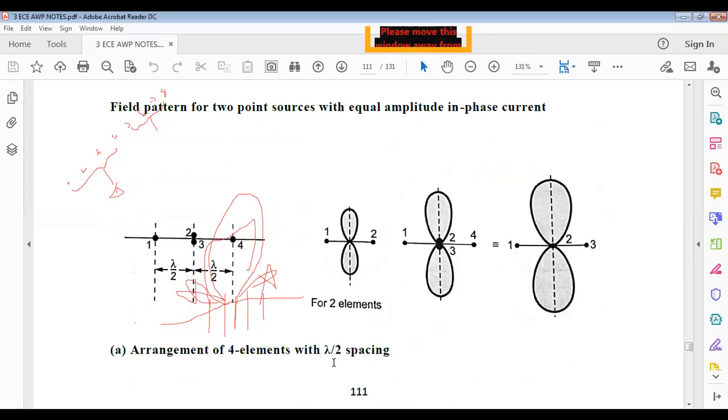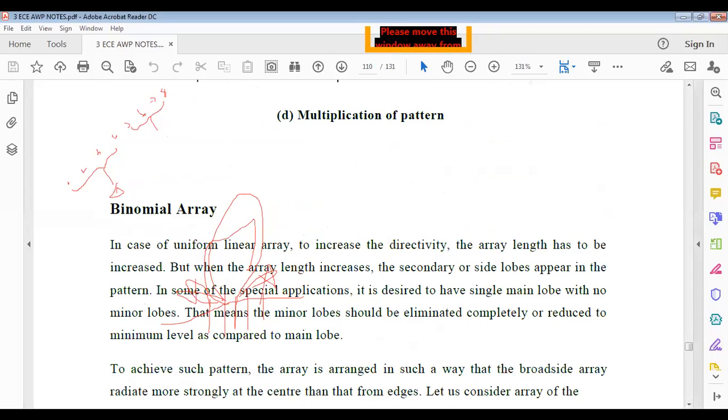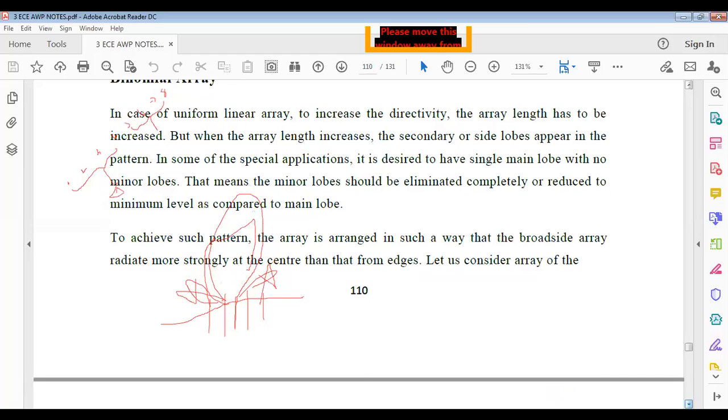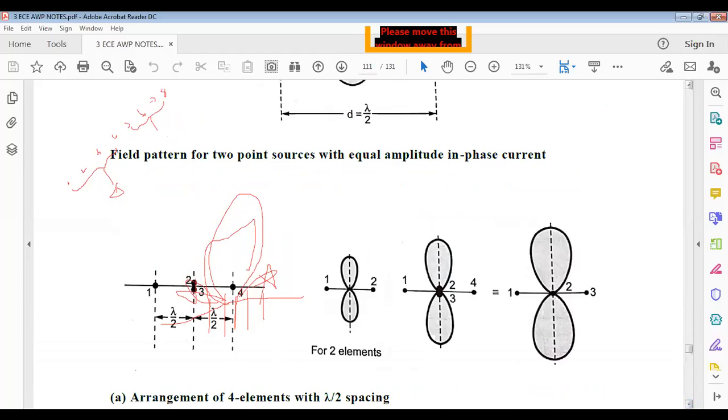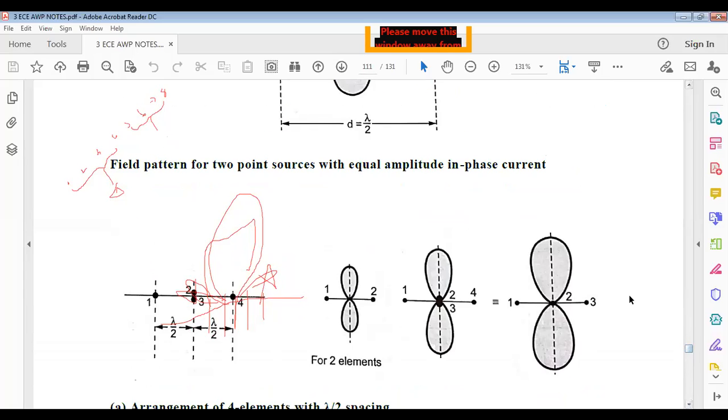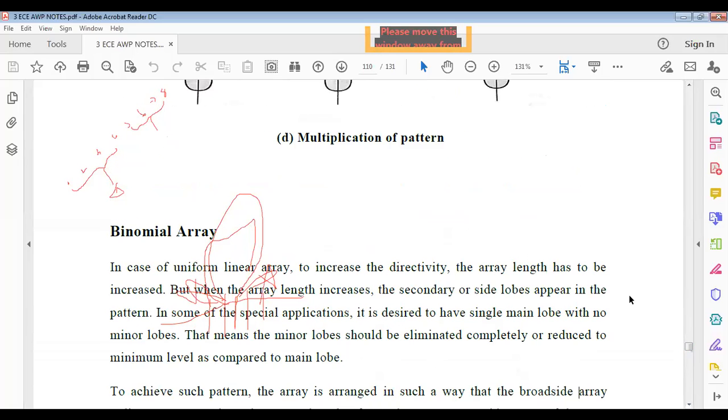See here, the same is explained with the graphical method.